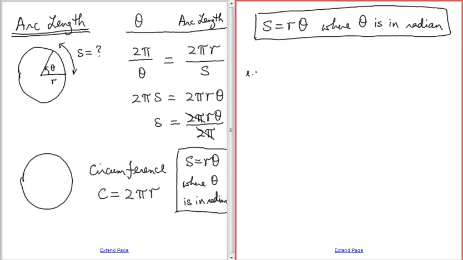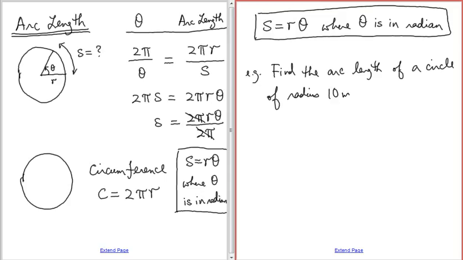So let's take a look at an example. Can we find the arc length of a circle of radius 10 meters with an angle of pi over 6?